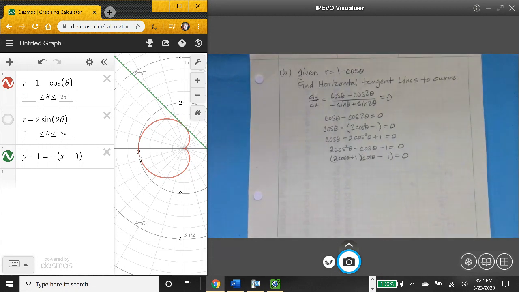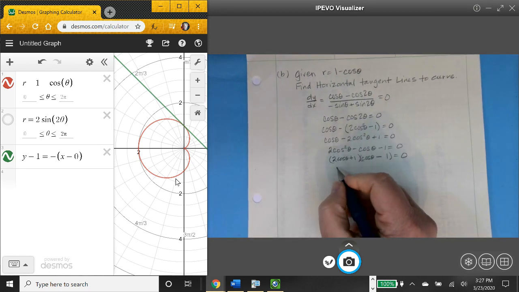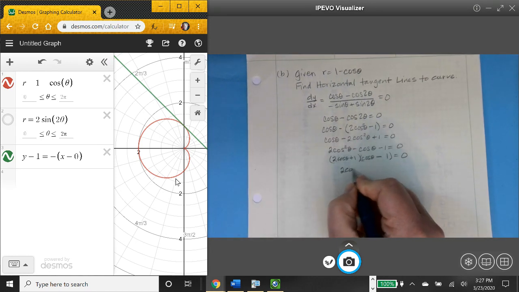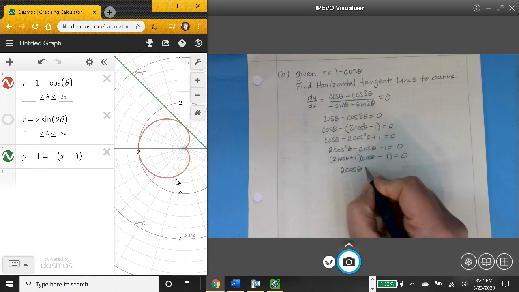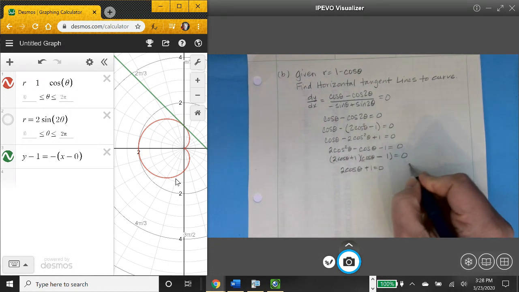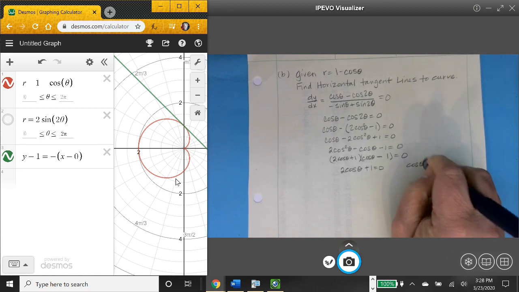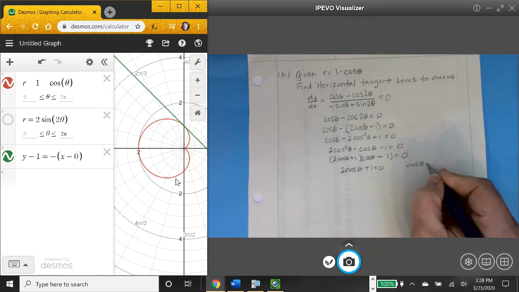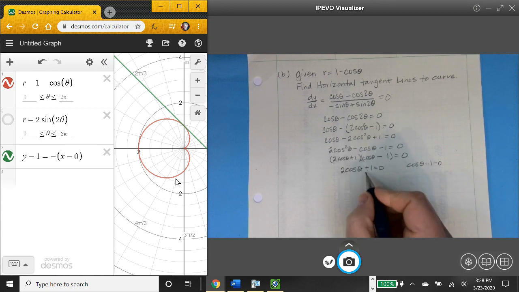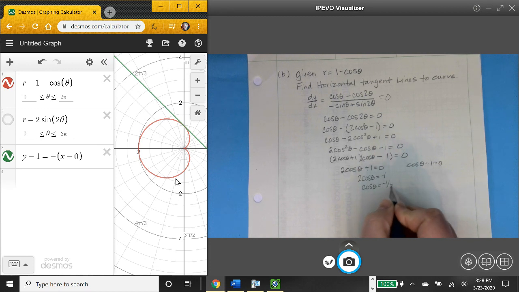And I know there are going to be two options because I have one up here and I have one right here. Okay, so setting them equal to 0, we're going to say 2 cosine theta plus 1 equals 0, or cosine theta minus 1 equals 0. If I'm solving this, I get 2 cosine theta equals negative 1. Cosine theta equals negative 1/2.